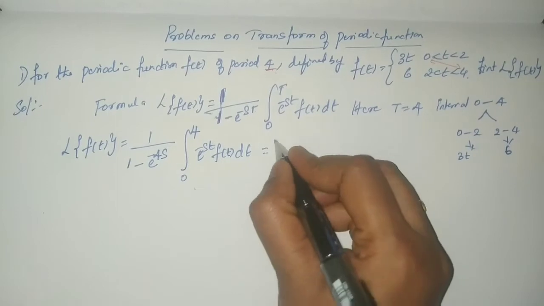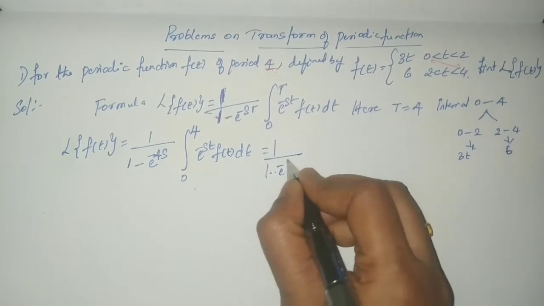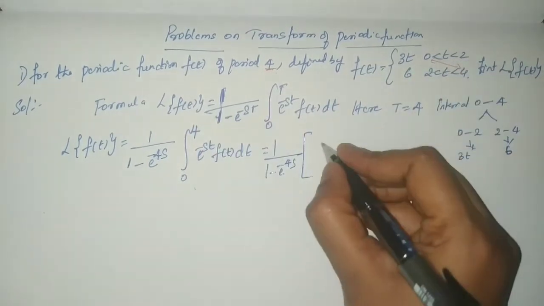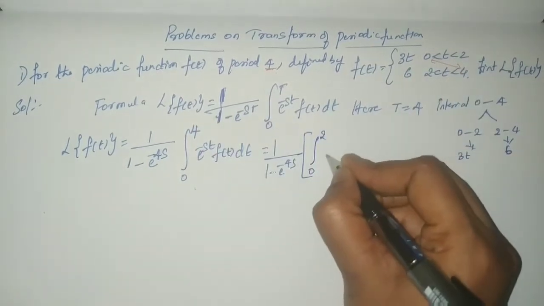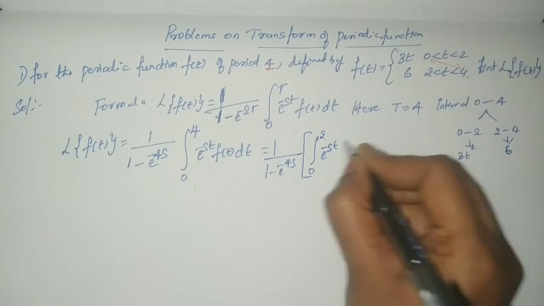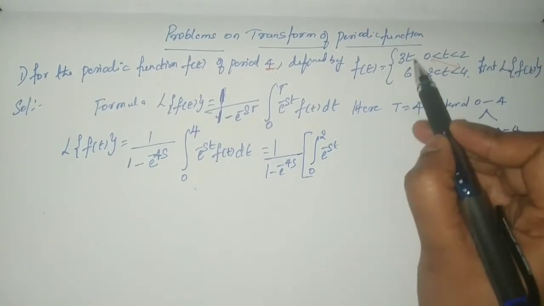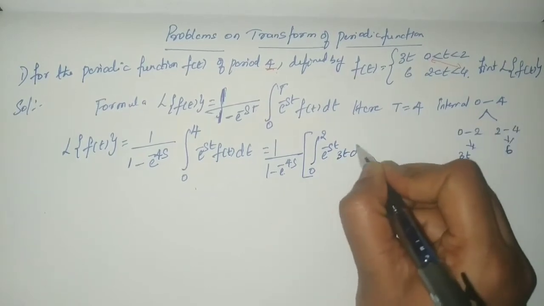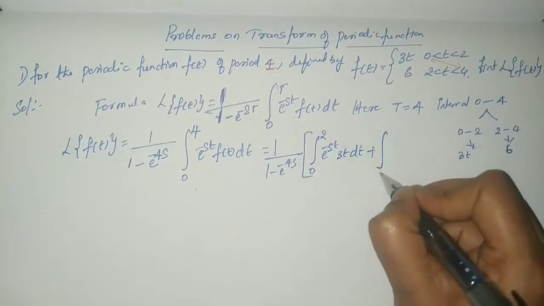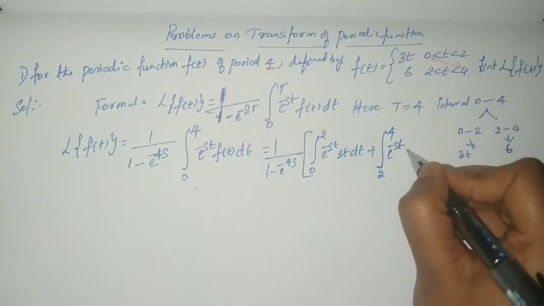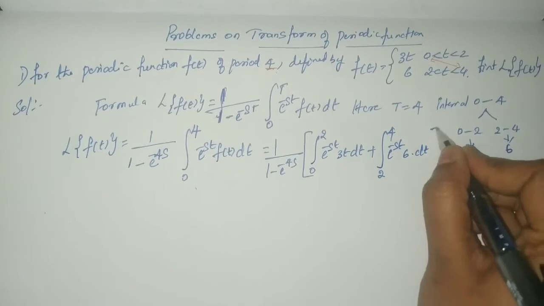So this can be written as 1 by 1 minus e power minus 4s. Split the limit 0 to 4 as 0 to 2 e power minus st. When the function is in 0 to 2, we have 3t, so 3t into dt. Similarly, 2 to 4 e power minus st 6 into dt.